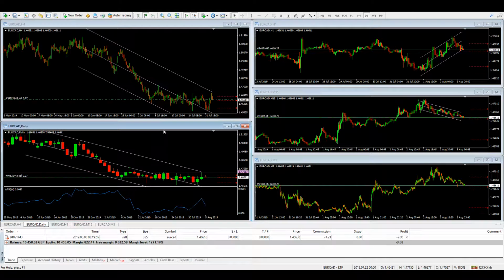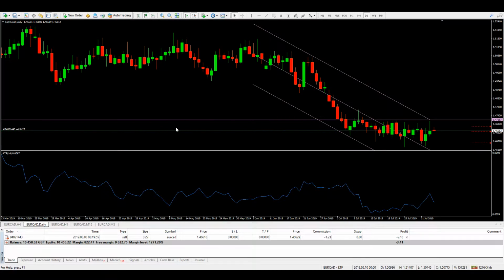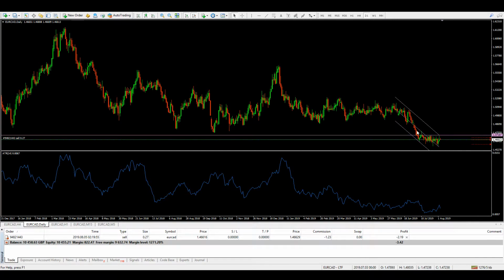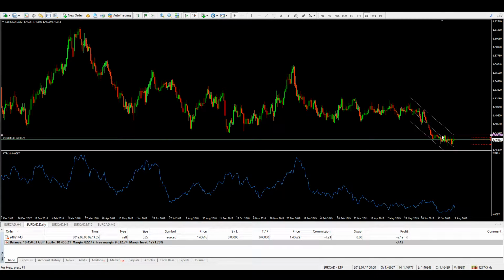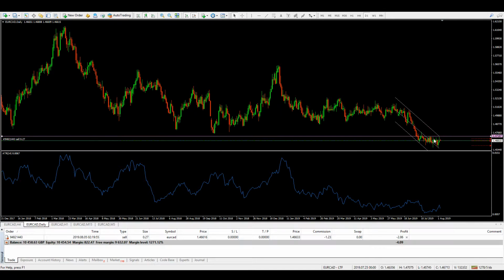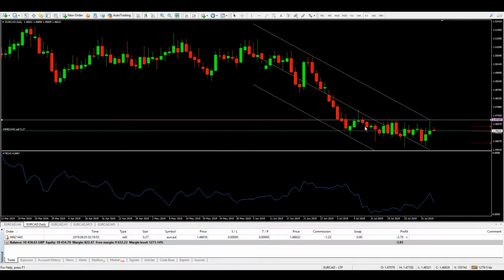So let's just start on the daily chart. First of all, we have seen some nice bearish movement in this move here. We've seen some lower highs and lower lows. The reason I've got this horizontal in here is that we did see some resistance where the price has had some trouble in previous weeks getting through this kind of level.